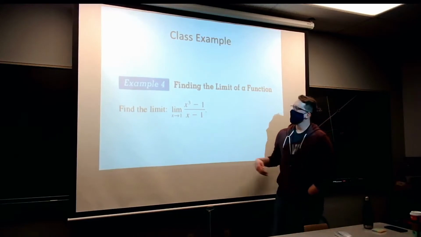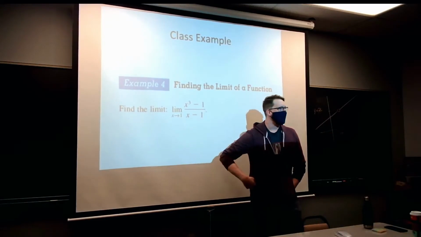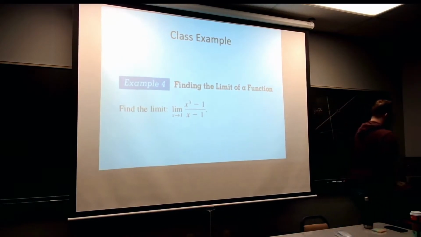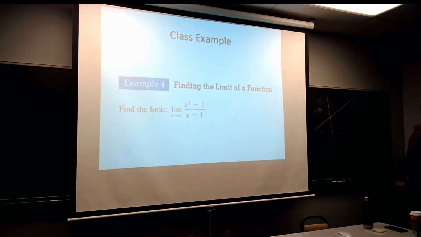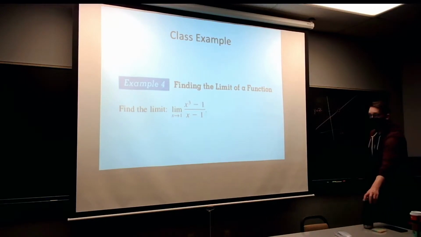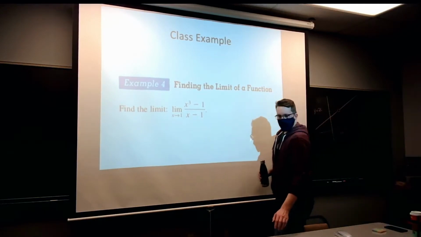But what happens when we simplify it? Can we simplify it? Why don't we all try that really quick? Try to simplify this and see what happens. I'll do that. I'm going to build this up really quick.